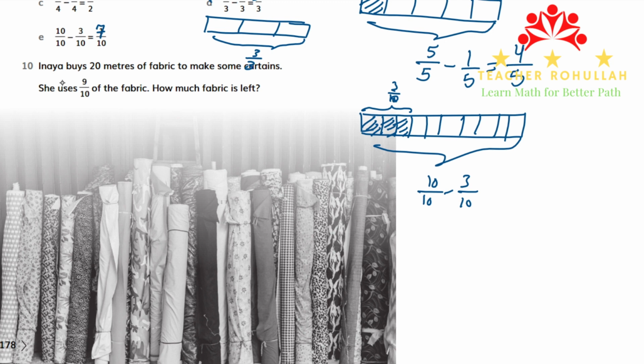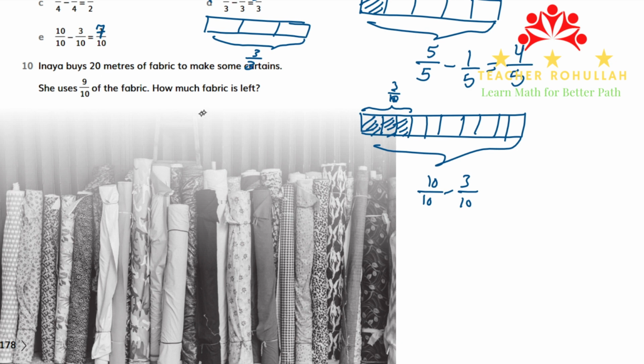In question 10, it says, Inaya buys 20 meters of fabric to make some curtains. She uses 9/10 of the fabric. How much fabric is left?